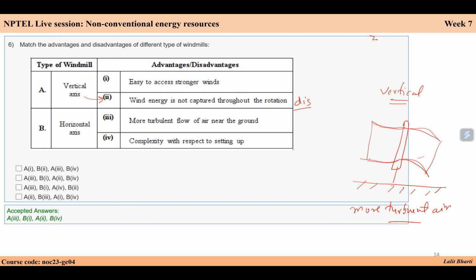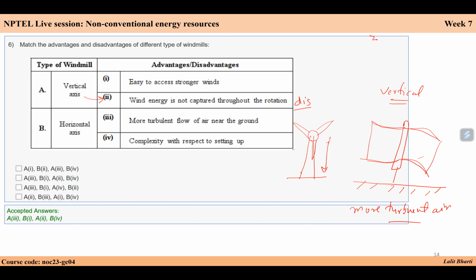Compared to the vertical, the horizontal windmills are quite far from the surface. This is just a representation, so I'm making it on a smaller scale, but the actual scale will be much higher.